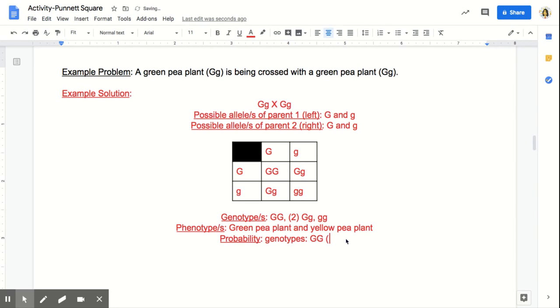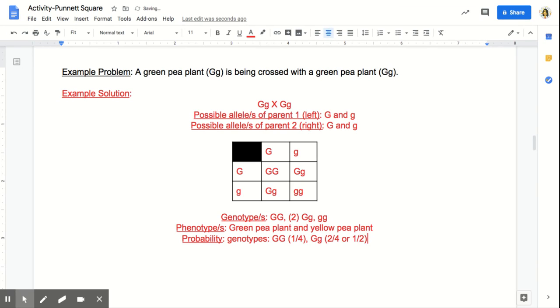Okay, so this is gonna be 1 out of 4. Okay, now for the probability of having heterozygous, since there are 2 of them, it's gonna be 2 out of 4, or basically 1/2.